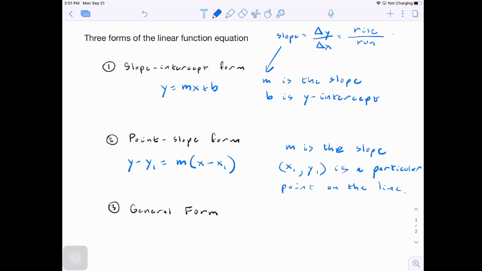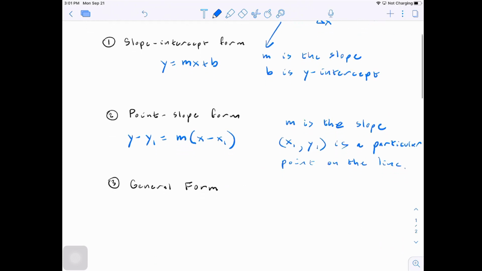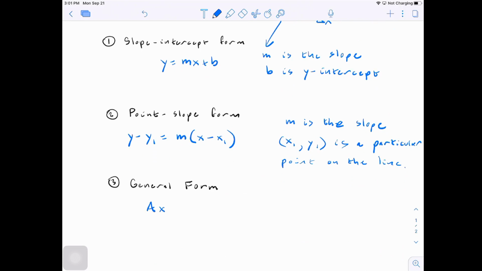All right, and that takes us to the third form, which is general form, which is ax plus by equals c, where a, b, and c are constants.